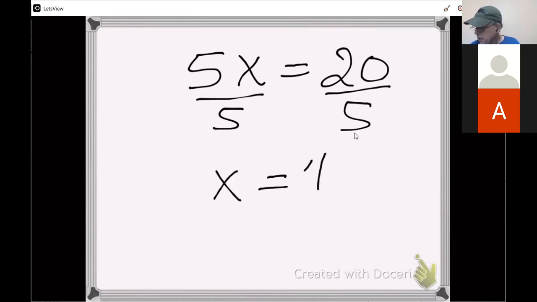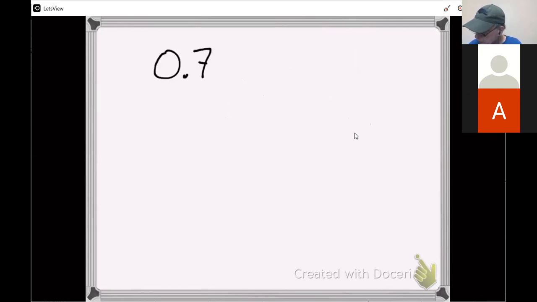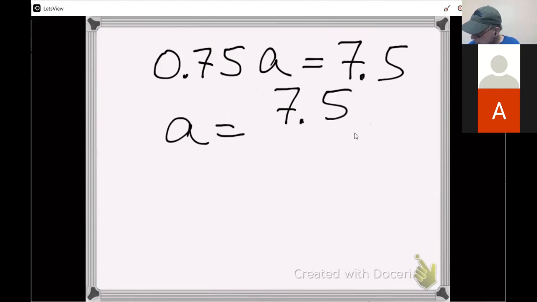Exactly. Okay, good. All right, so let me clear all this up and remind you what the real equation we want to solve is. The equation that we have is 0.75 times A is equal to 7.5. So then you would divide 0.75 and 7.5 by 0.75? Yeah, exactly. So Aaron, we would get 7.5 over 0.75.